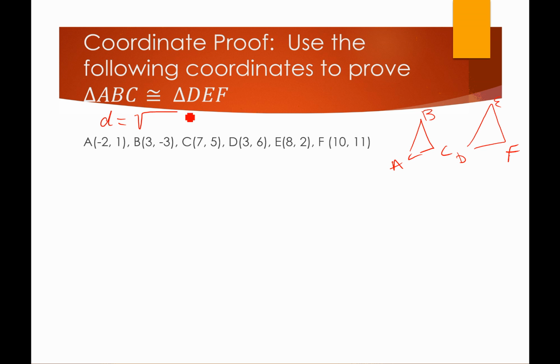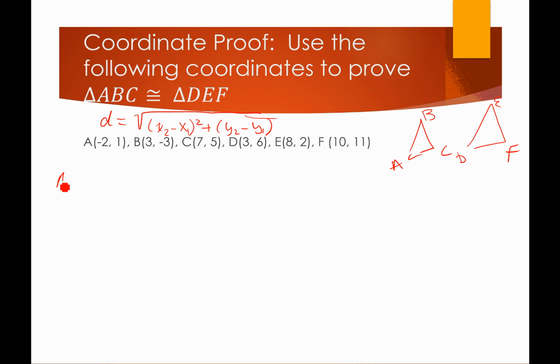Remember, that is the square root of x2 minus x1 squared plus y2 minus y1 squared, and the square root of all of that. So looking at my diagram, I want AB congruent to DF.